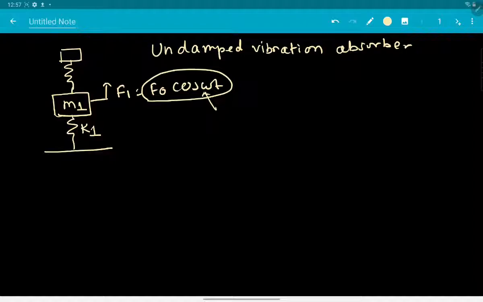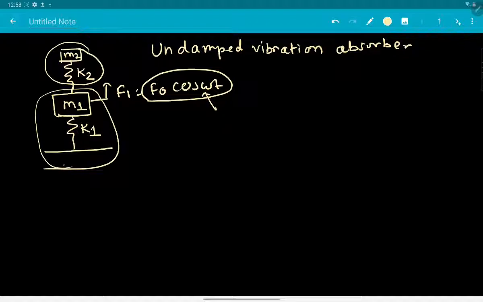Let's say that this spring has stiffness k2, and this block has m2 units of mass. So we are attaching this additional spring mass to the primary spring mass system that we already had, and now we are going to make the system a 2 degree of freedom system.